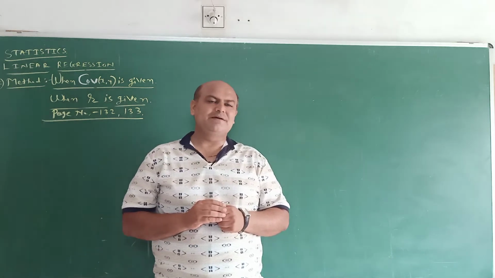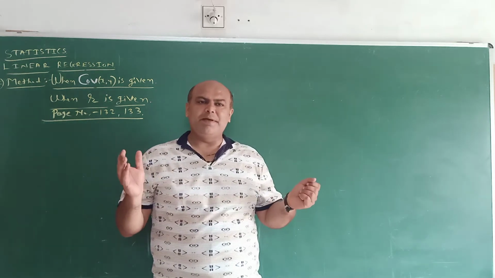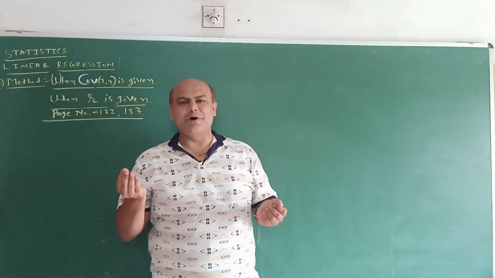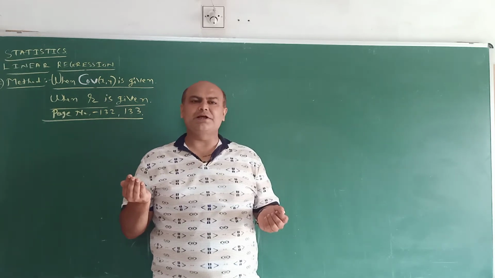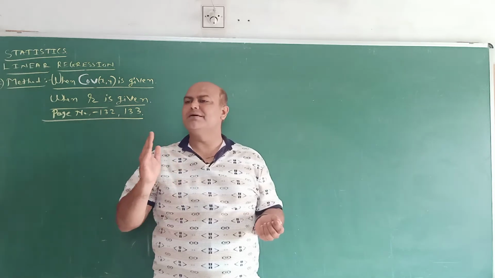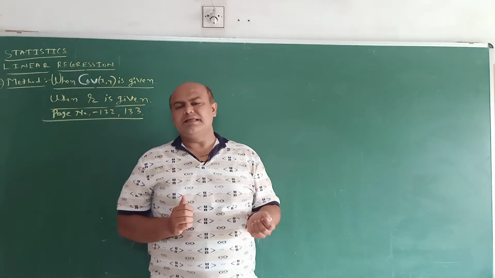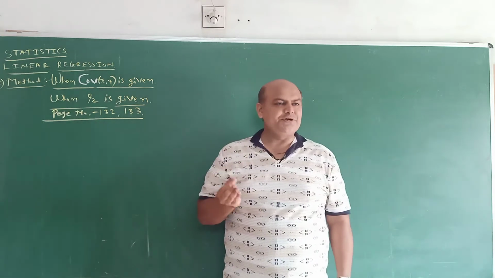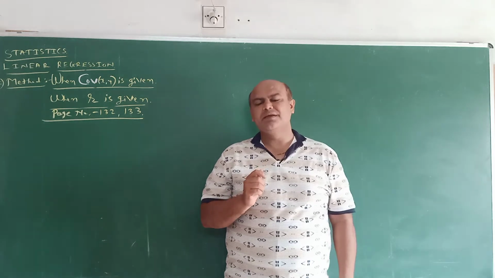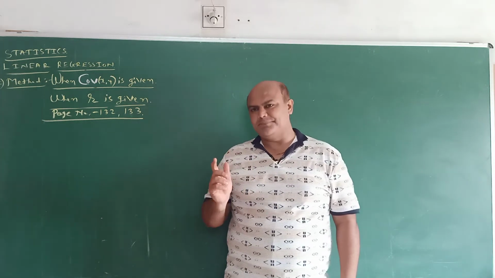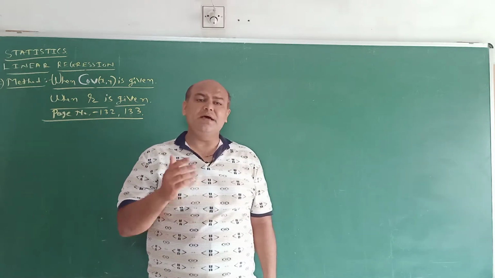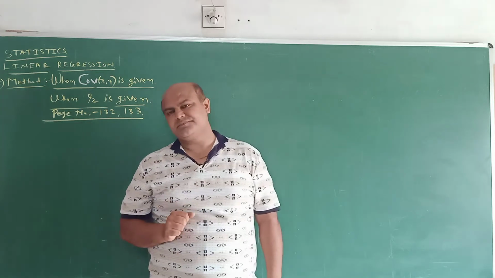In that particular method, we prepare additional columns: x minus x bar, y minus y bar, multiplication of both, x minus x bar into y minus y bar, and x minus x bar square. Then we find the regression coefficient, that is b, constant, that is a, regression line, that is y cap. At last, we do the forecasting, and if they ask, then we also find error.